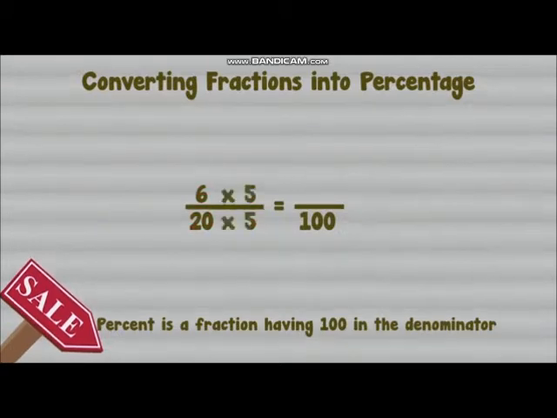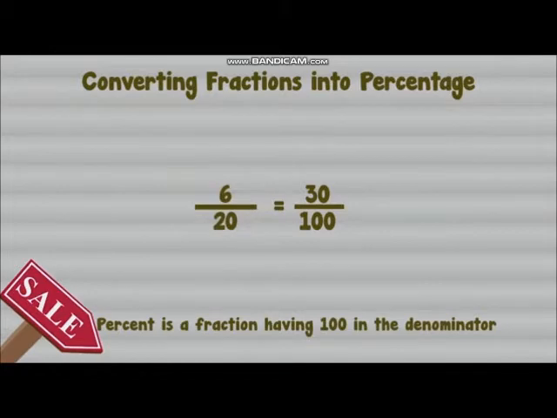So 20 will be multiplied by 5, which makes 100. Similarly we multiply by 5 in the numerator also. So 5 times 6 will be 30. Now this is 30 by 100. That means this is 30%.